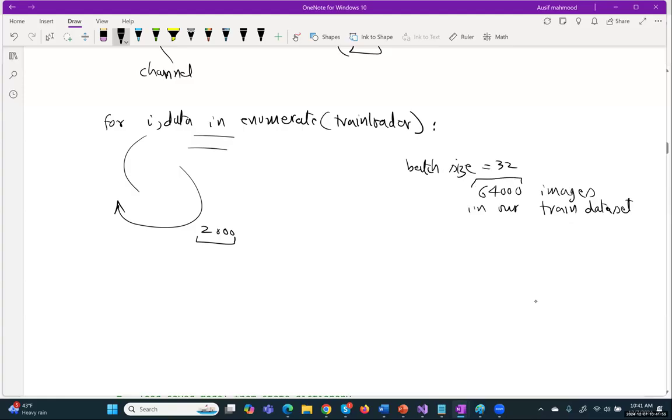Because remember, what do we do? We shuffle these. So after all the 64,000 have been shuffled, randomly shuffled, then we say, okay, keep giving us 32, then 32, then 32. So how many sets we will get out of our training data set? 2,000 over here until we run out, right?